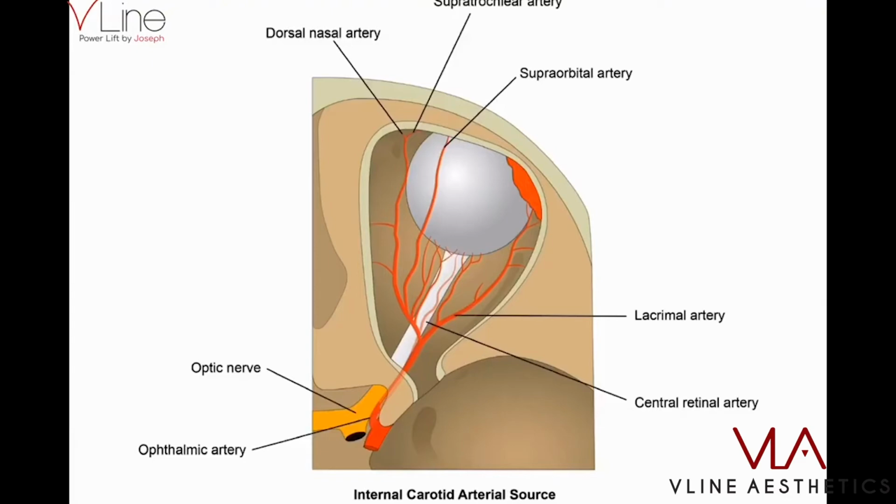So the dorsal nasal artery is now highly pressurized. When someone injects very fast and at a high pressure, the thumb plunges down, and the pressure created along this ophthalmic artery right here, I'm going to circle ophthalmic, now exceeds the pressure from the heart, the systolic pressure, which is about 120.